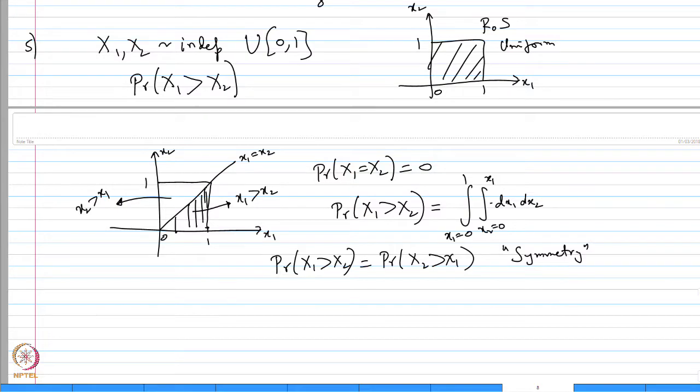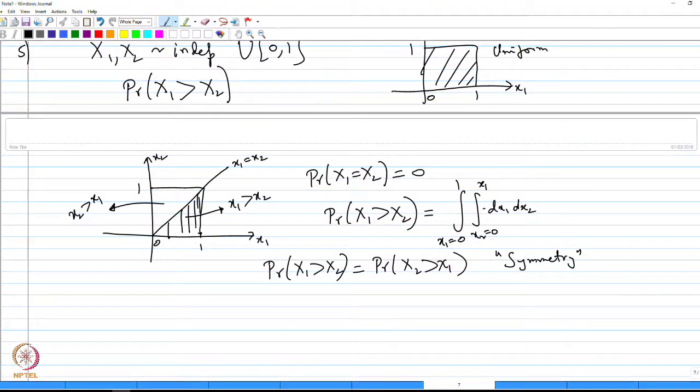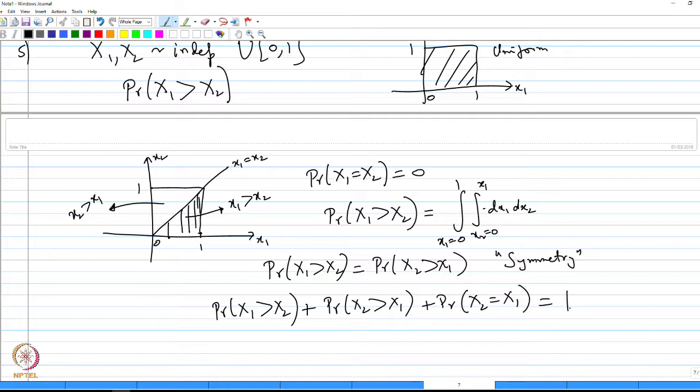Since these two are equal, what will be the sum of these two probabilities? Probability of x1 greater than x2 plus probability of x2 greater than x1 plus probability that x2 equals x1 needs to be equal to 1. This is like everything, right? The entire region of support can be split into the region where x1 is greater than x2, x2 is greater than x1, and x2 equals x1.